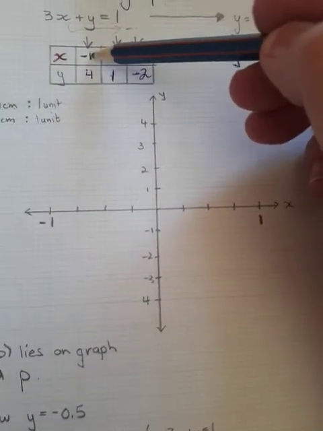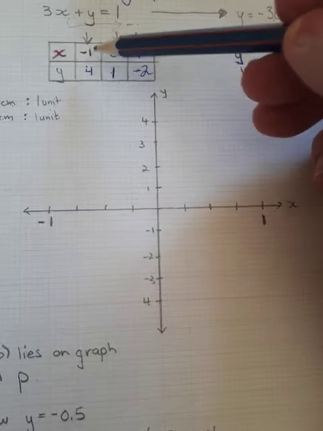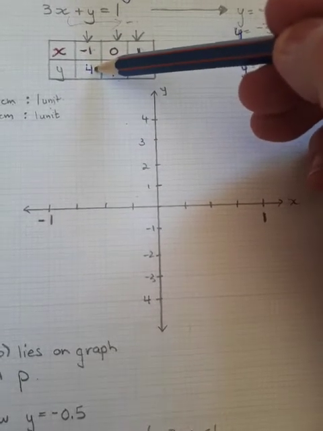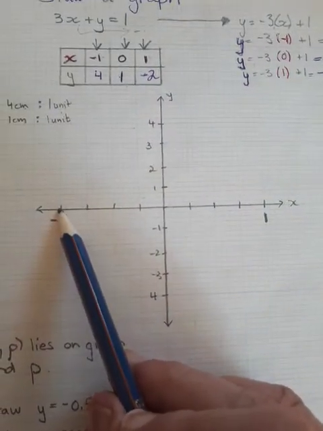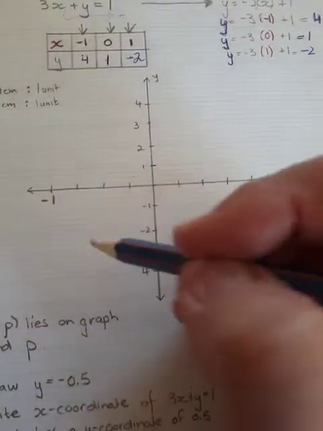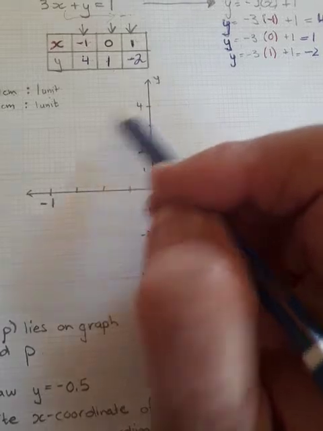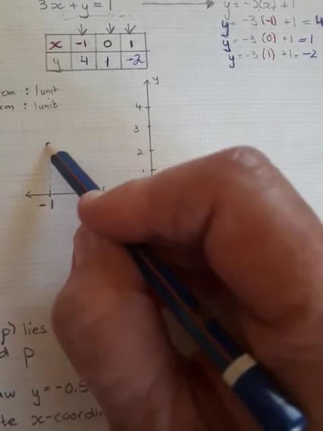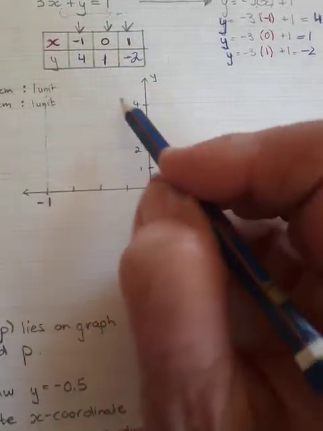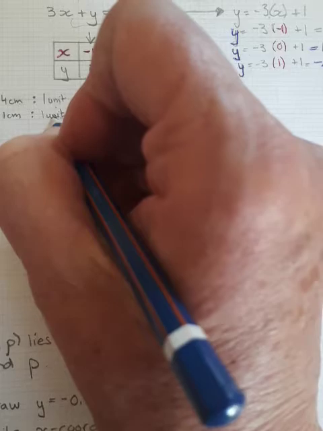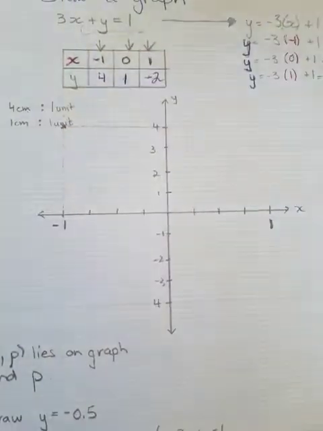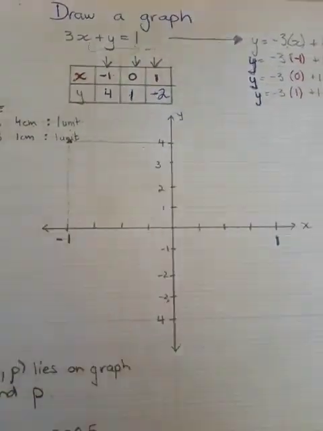So my first coordinate is x equals minus 1 and y equals 4. So find the minus 1 on the x-axis. Then we must find the 4. And where these two cross, this is where your first coordinate lies.